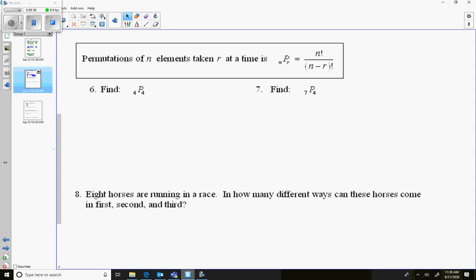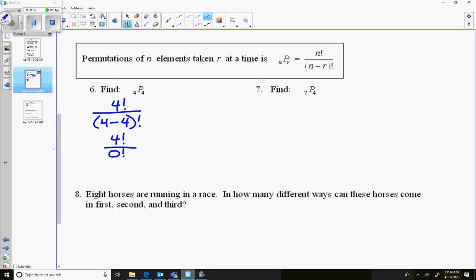So find the permutation of 4, choose 4. Based on this formula, it would simply be 4 factorial divided by 4 minus 4 factorial, which would simply be 4 factorial over 0 factorial.